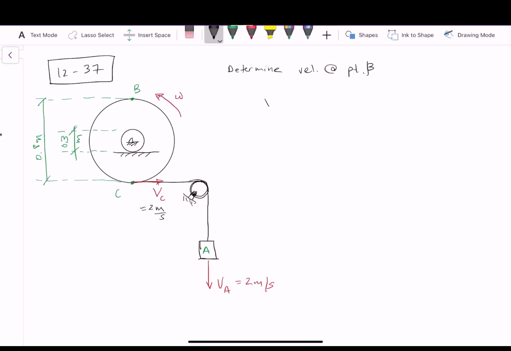So we'll start by stating that VC is equal to R times omega. Now this is the key part here. What is the radius arm? A lot of people would say that the radius arm is 0.4 meters because that's from the point of rotation to point C. But this is where you would be wrong, because remember I said with wheels, since this is planar motion, we have to find the point of contact.